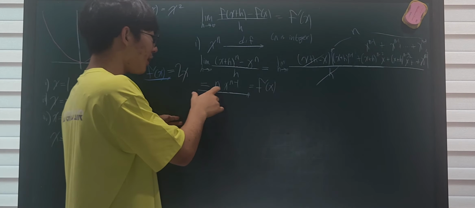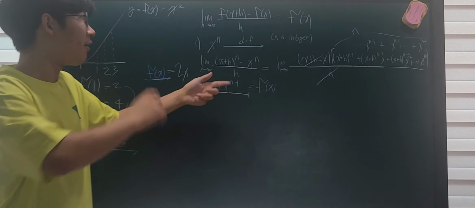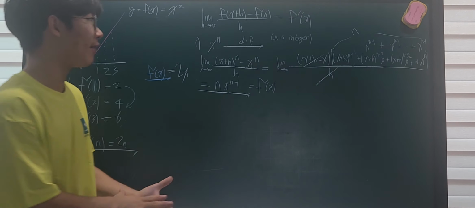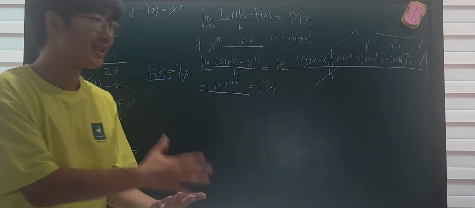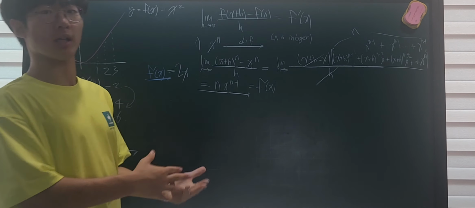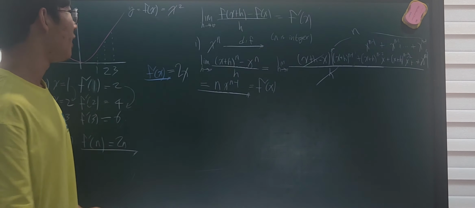So you just have to plug in the value of n, then the derivative function will automatically come out. That is why we use the rule of differentiation, to facilitate or expedite the process of finding the derivative function of the original function that you were given.